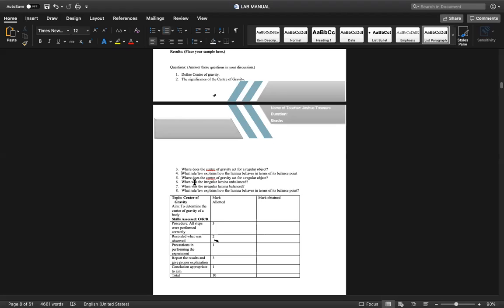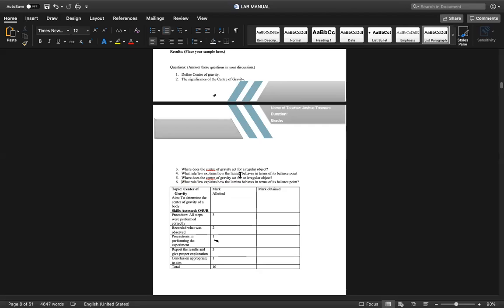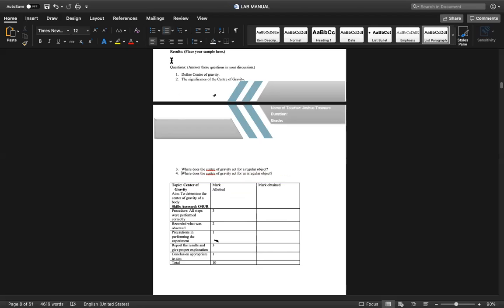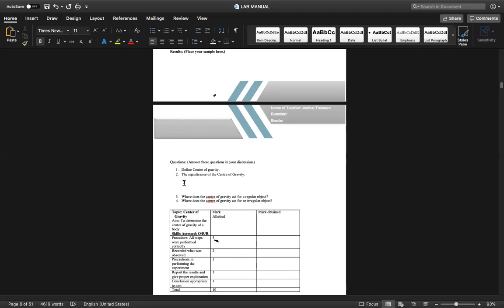Where does the center of gravity act for an irregular shaped object? All right, so use these questions instead.